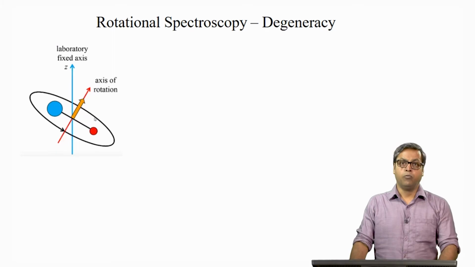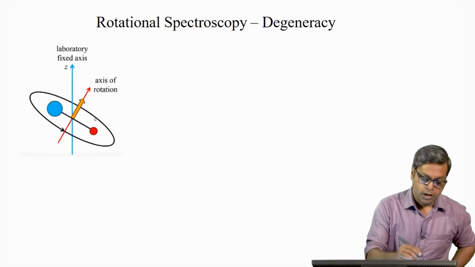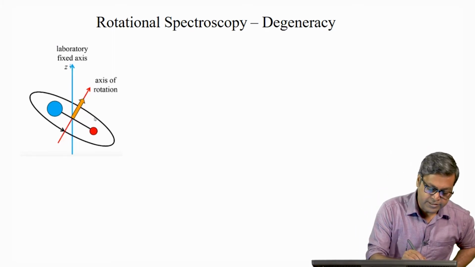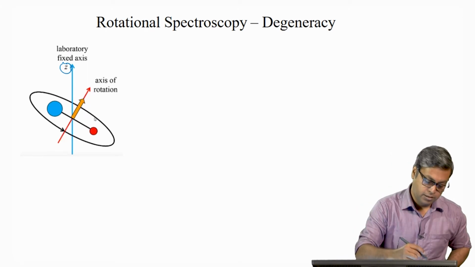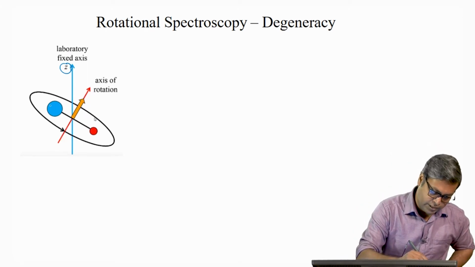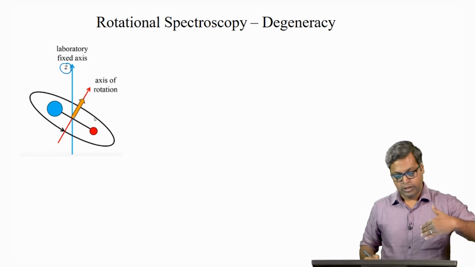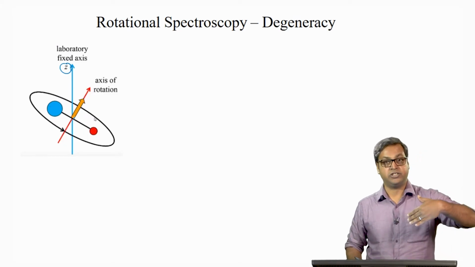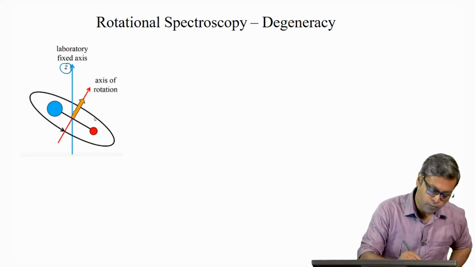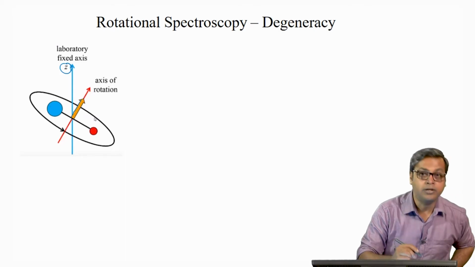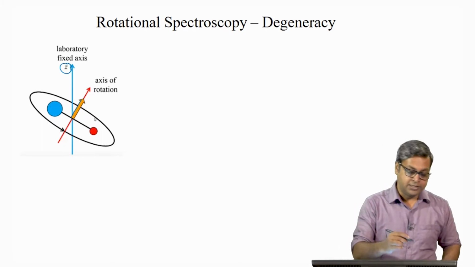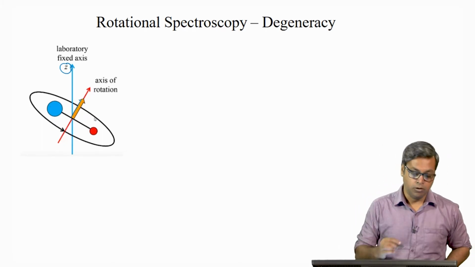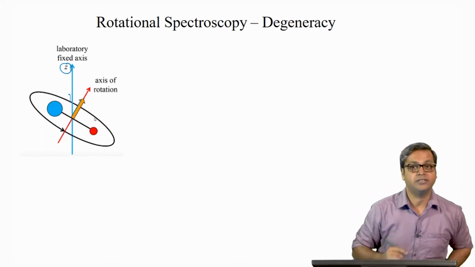Say we have got an arbitrary laboratory fixed axis, this is the z axis. Now, let us have this diatomic molecule oriented in a particular direction, and here we have the angular momentum vector. We will now project this angular momentum vector on this z axis.